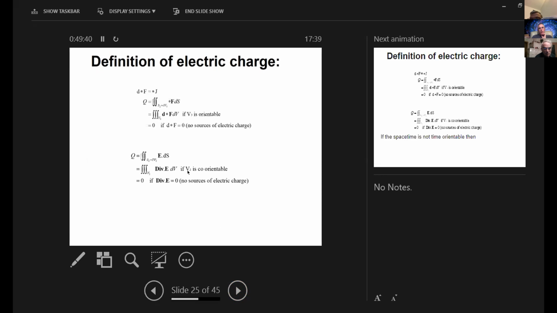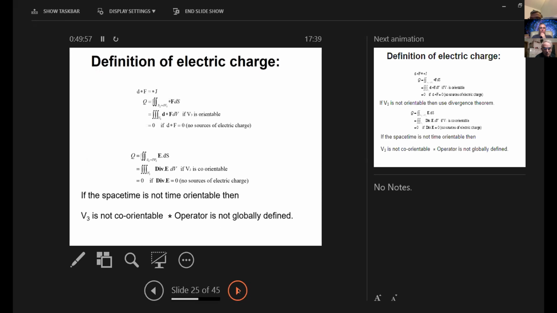But that requires that the volume is co-orientable, which means that there's a consistent normal to the space, and that fails in the magnetic case. So no, that's right, because the star operator is not well defined if it's not orientable.